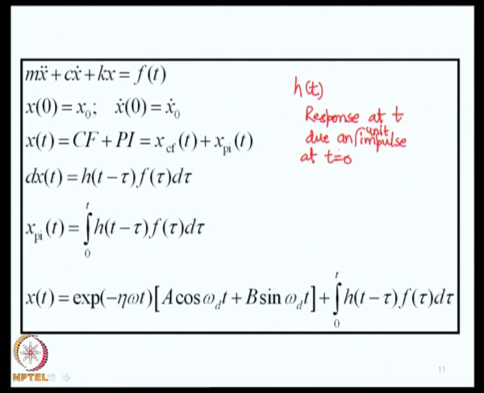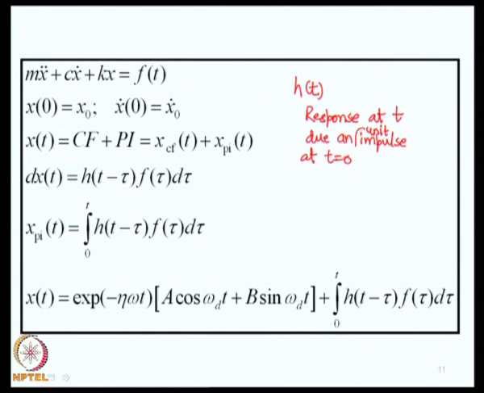Now there are two things that are different here, namely it is not a unit impulse, instead the magnitude is f of tau d tau. Secondly, the impulse is not applied at t equal to 0, but at t equal to tau. So we have to shift time to t minus tau and multiply the response by f of tau d tau. If the impulse were applied at t equal to 0 and was a unit impulse, the answer would be straight away h of t.